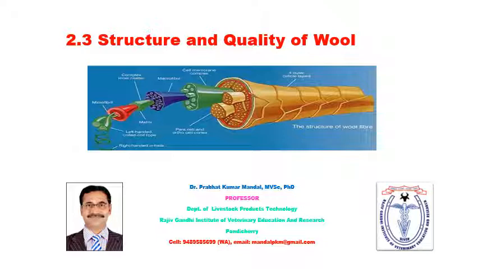We will also see a little bit more detail about the microstructure and a little bit of chemical structure, and then we will learn about the important quality parameters of wool fiber like fiber diameter, crimpiness, length of fiber, luster, medulla, like that.